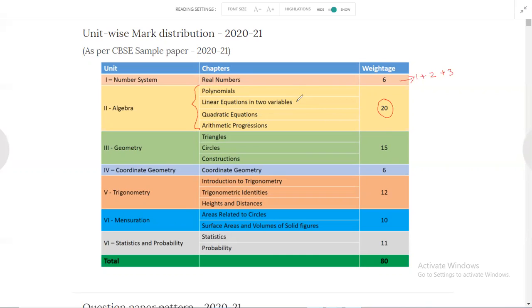This 5 mark question can be either a word problem from quadratic equation or a word problem from linear equation in 2 variables. So a situational problem either from linear equation in 2 variables or from quadratic equation. There will be a 5 mark question from any of these topics. Then from the quadratic equation chapter you can also see a case study question.